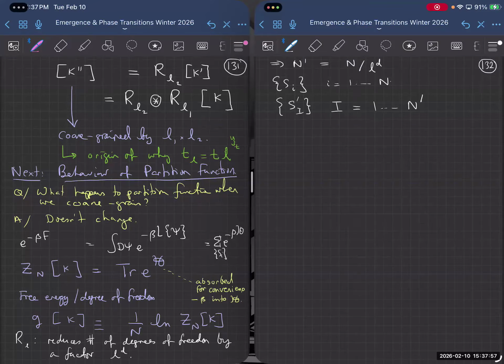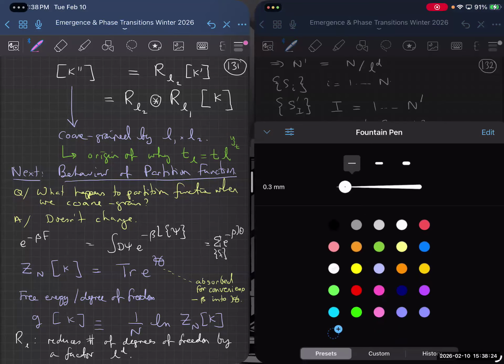And my Hamiltonian has gone to a new Hamiltonian, which now is a function of N prime variables as opposed to N variables. Those variables are my coarse-grained variables, which I'm calling S_I prime. So that's what we're doing when we do a renormalization group calculation. What does it mean mathematically?